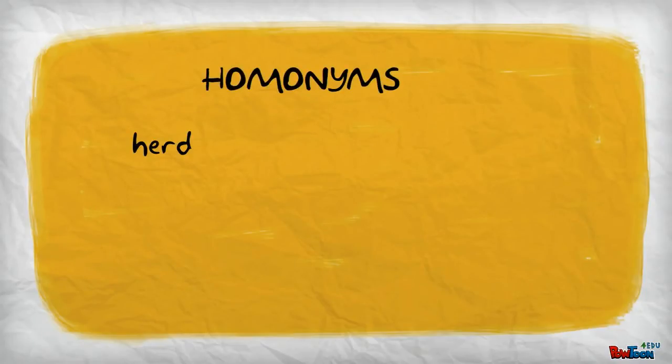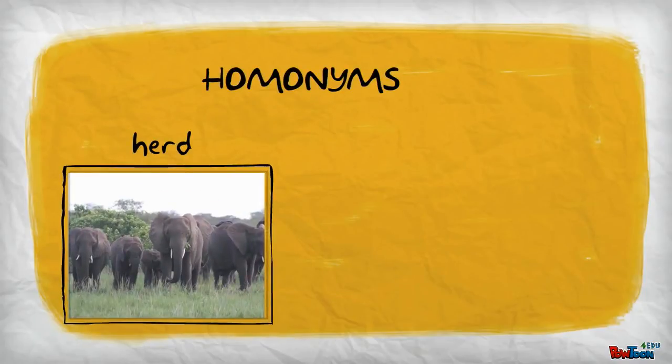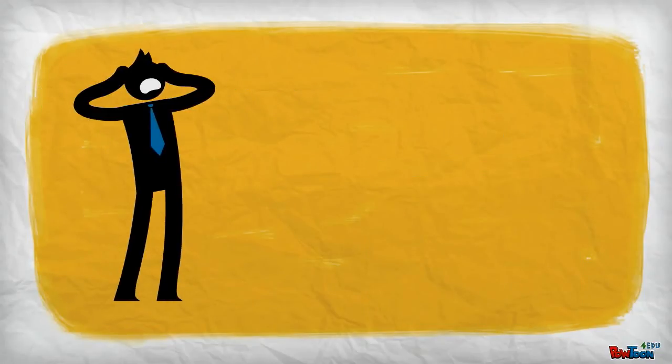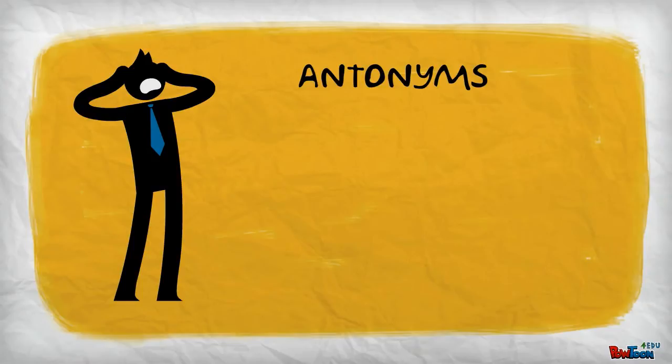Like herd, a group of animals, and heard, the past tense of something having been perceived by the ear. And yet another, there are antonyms. And these are words that you're going to need to know when you take a lot of tests. Ant, A-N-T, means opposite. So an antonym is a word with an opposite meaning. To make it simple, happy and sad are antonyms.